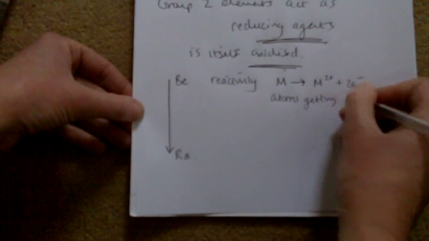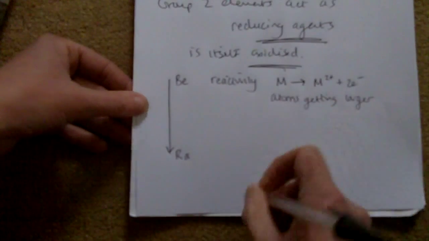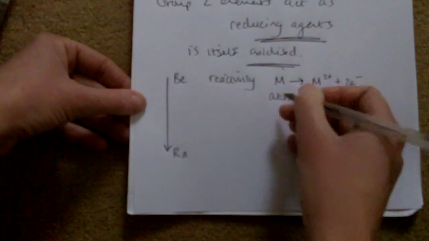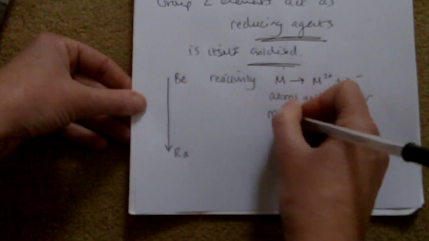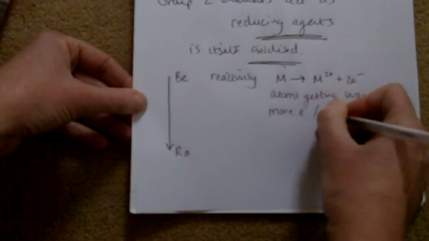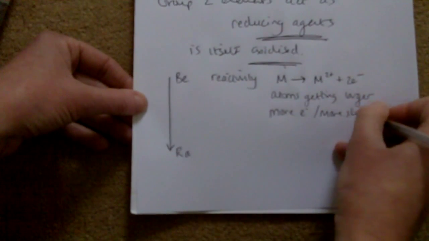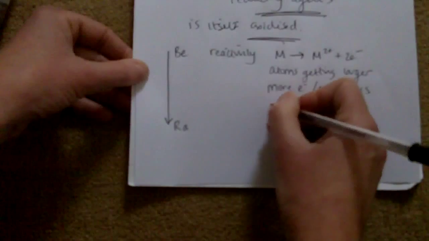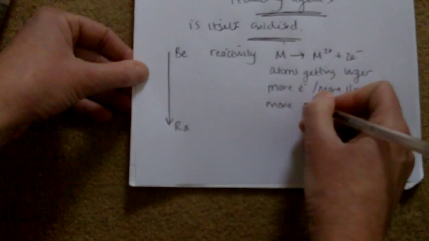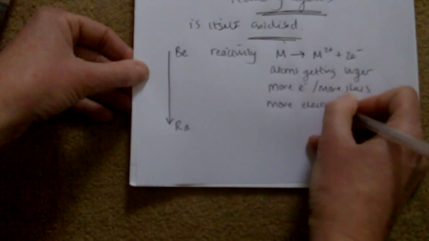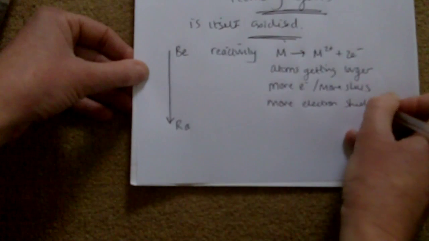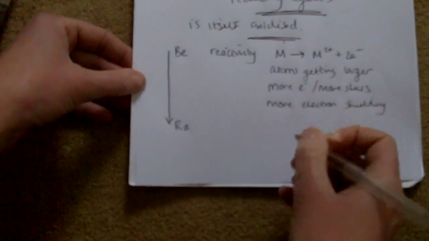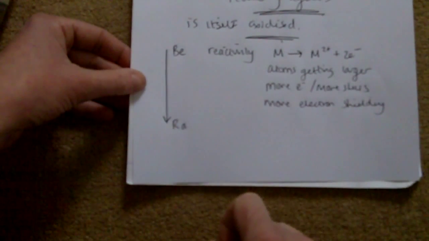The atoms are getting larger. The atomic radius increases. As you go down the group, there's more electrons, more shells. As you go down the group, there's more shielding, electron shielding. That's the repulsion of the inner electrons on the outer electrons.